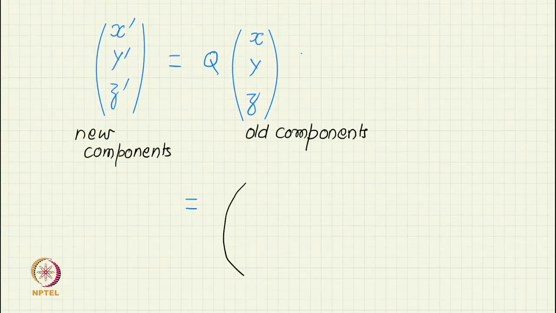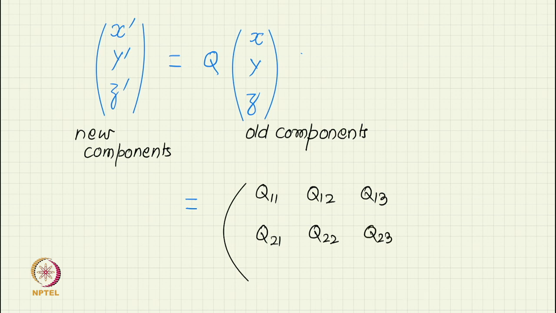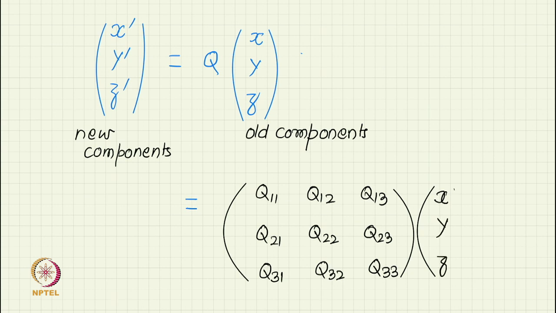So, if we expand this matrix Q in terms of its components, it is a 3 by 3 matrix having 9 components.